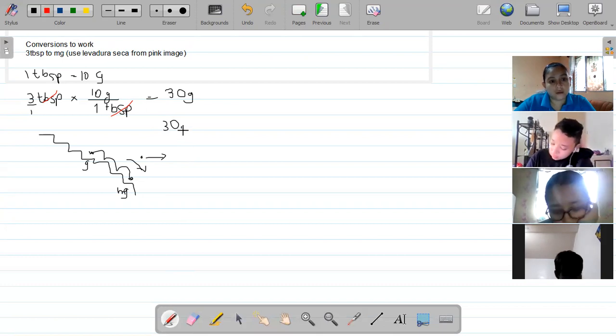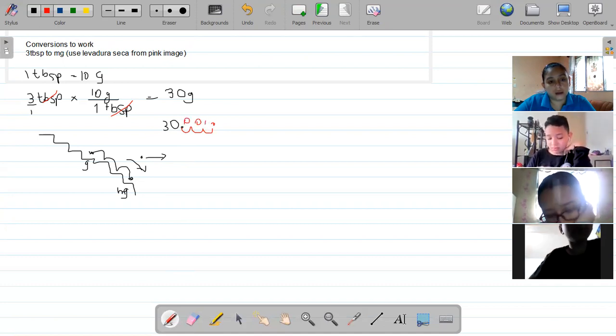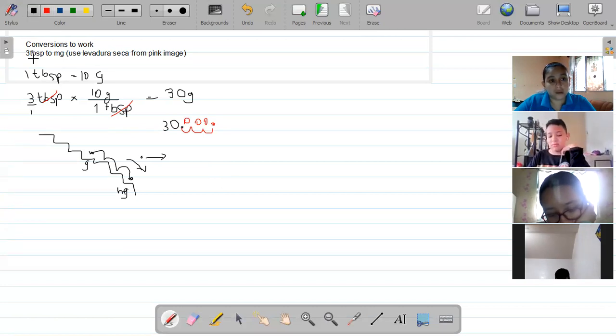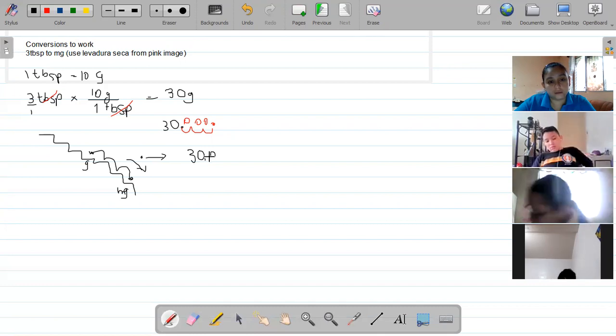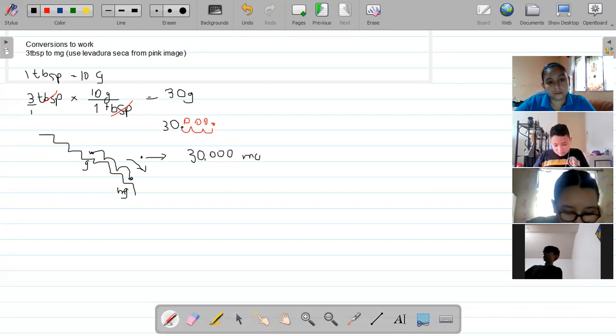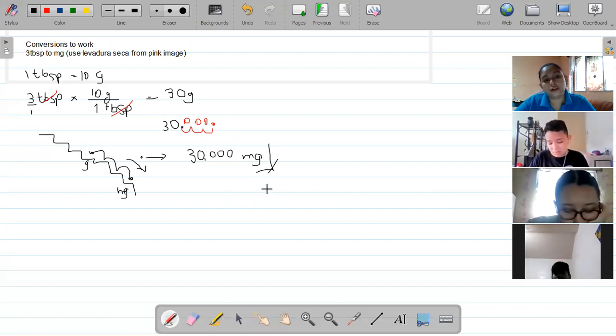And I'm going to move it 3 times to the right. 1, 2, 3. My new decimal point goes in here and I add those extra zeros. So 3 tablespoons are 30,000 milligrams. And that is the conversion that you're going to show me. And that's how you use the pink image.